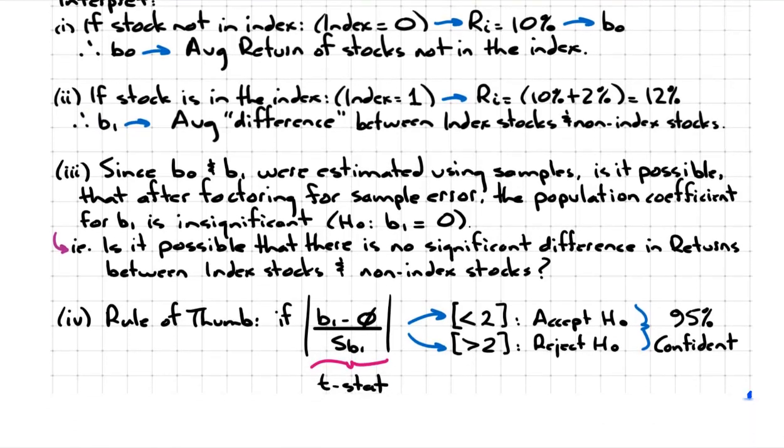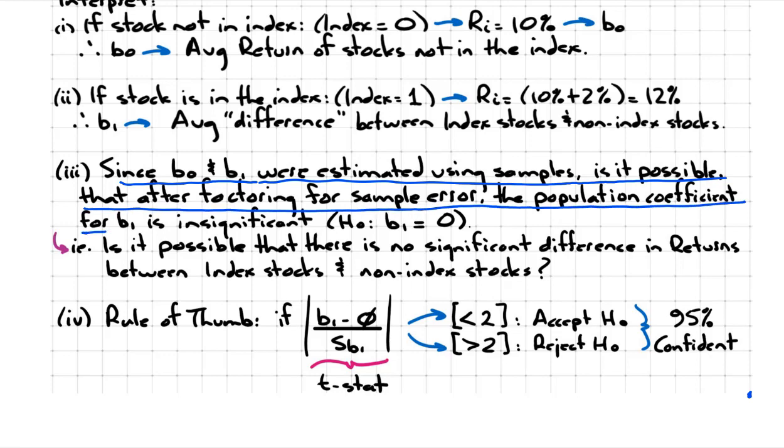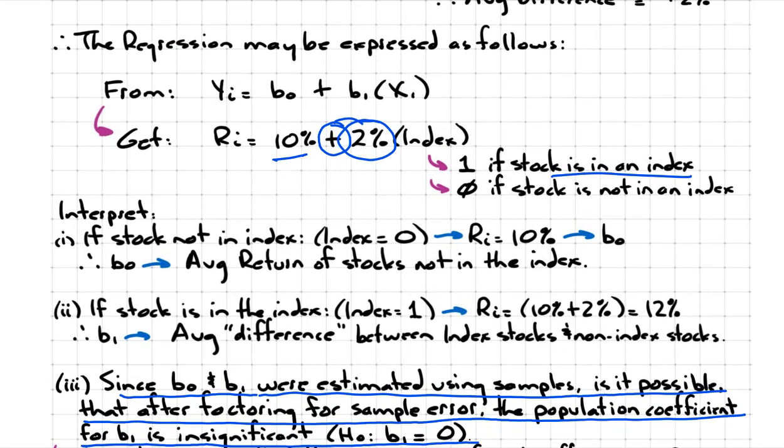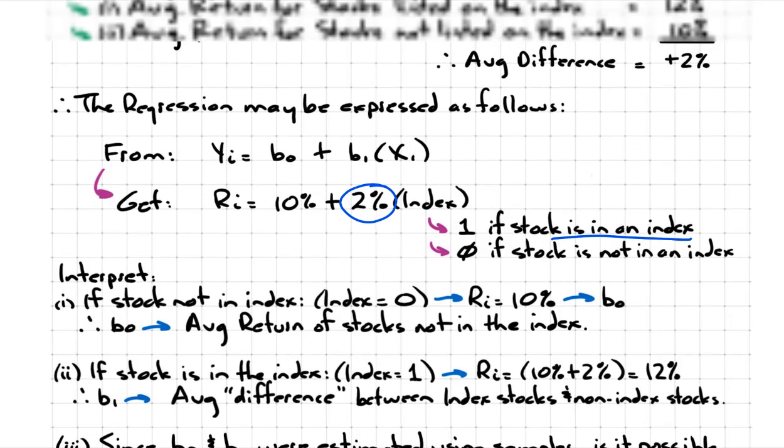Note 3, since the coefficients, i.e. the B0 and beta 1, were estimated using samples, it's possible that after factoring for some sample error, the population coefficient for beta 1 is insignificant. In other words, anything calculated from the sample observations is subject to errors. Because what if you pick the wrong sample? What if your sample is not representative of the true underlying population?